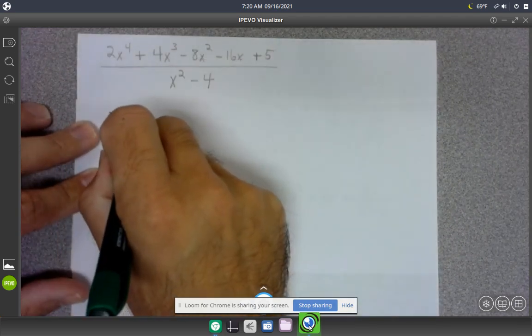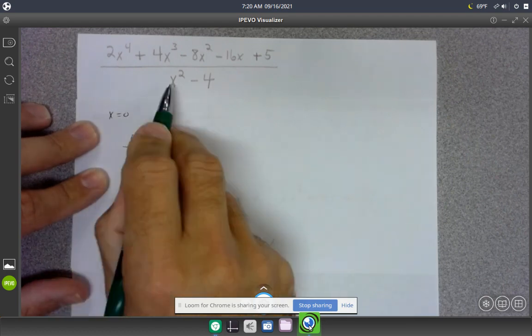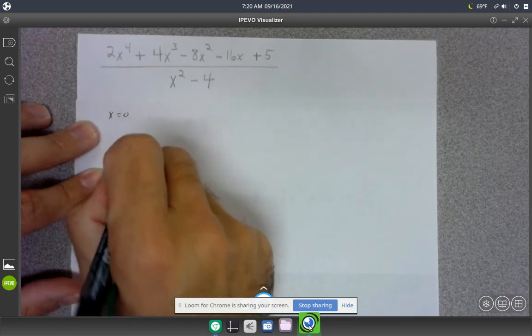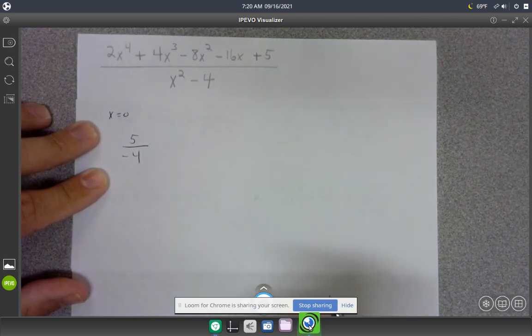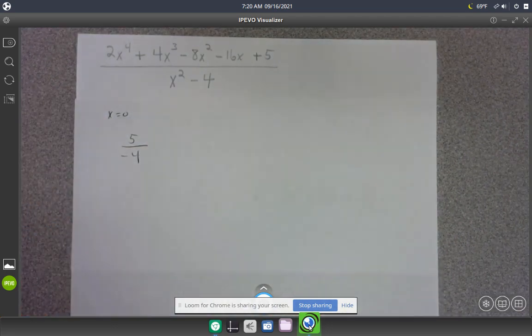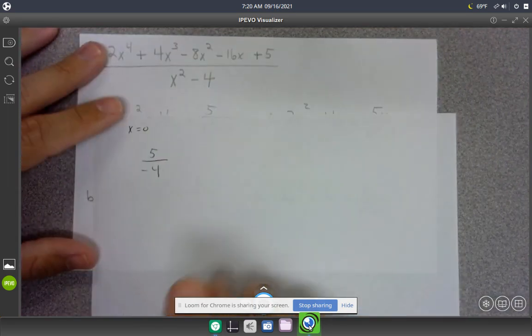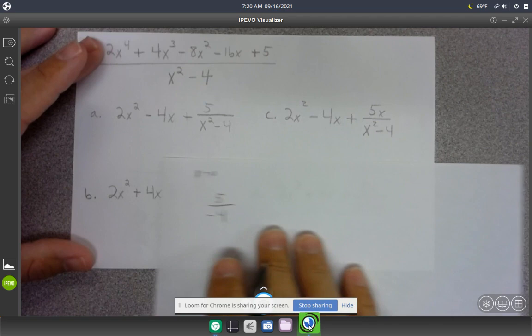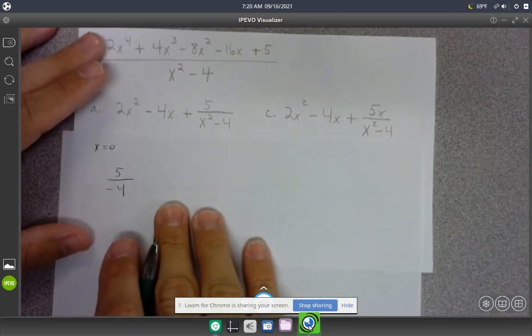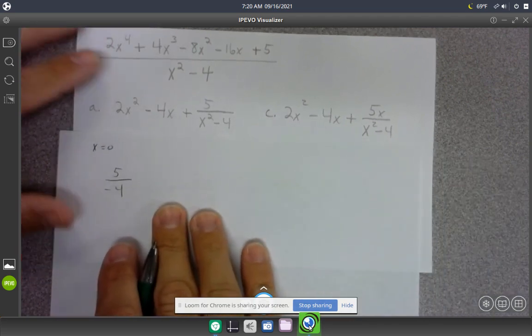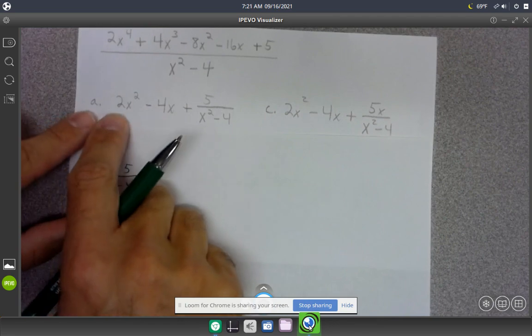So on the left-hand side, I get 5 on top, and I get a negative 4 on bottom. So 5 over negative 4, that's like negative 1.25 as a decimal. So that's my original.